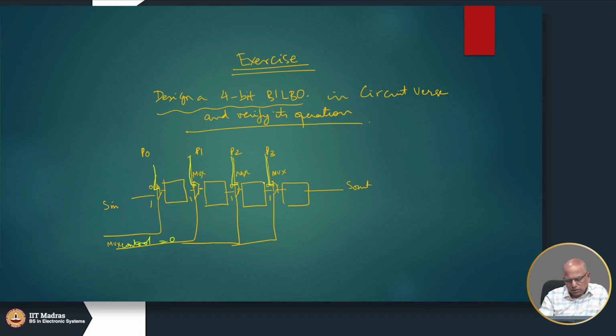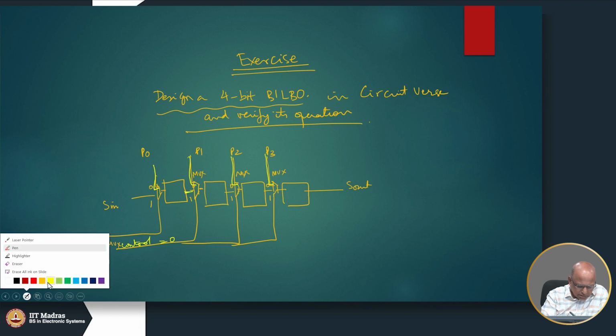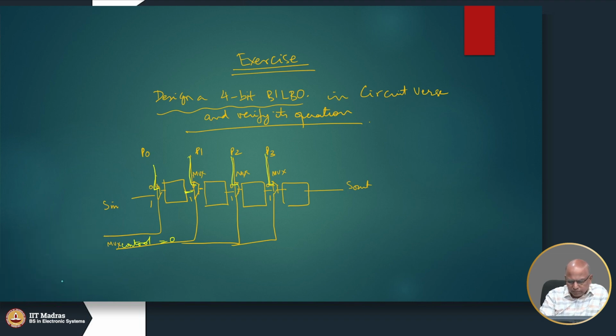It will load whatever is in P0, P1, P2, P3 into Q0, Q1, Q2, Q3. Whereas if mux control is 1, then the serial path will be loaded. So it acts as a serial. So with this 1-bit control, we have a PIPO, or parallel in, parallel out, or a SISO, which is serial in, serial out.